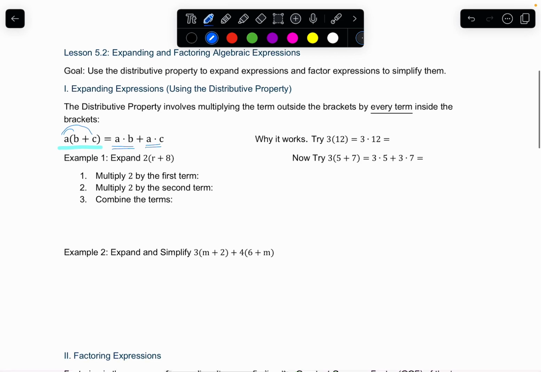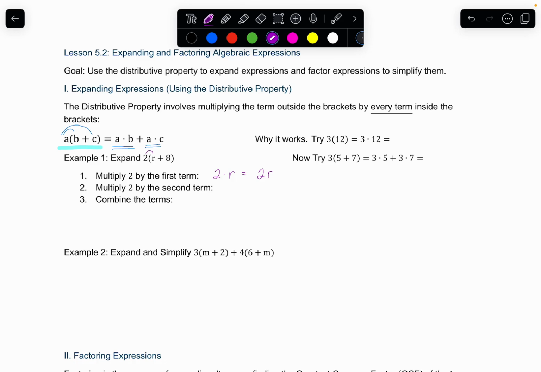So let's use our example. Example 1, it says expand 2 times r plus 8. Well, first we're going to multiply 2 by the first term, and that's this part. 2 times the first term, which is r, is 2 times r, which is equal to 2r.